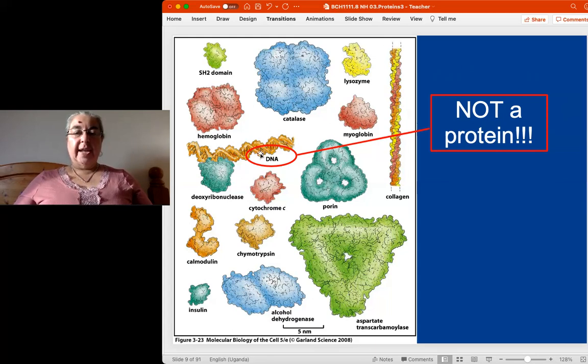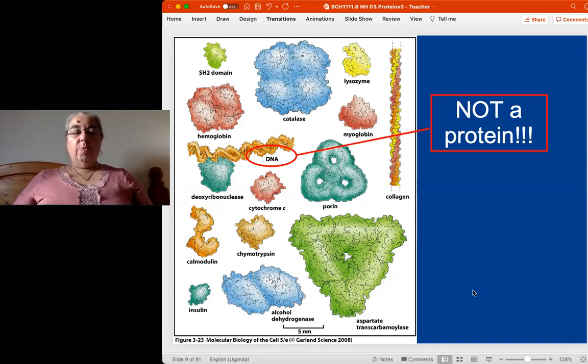Okay, so DNA is not a protein, but all these other things are proteins, many, many, many different sizes and shapes and functions. Two on here that I want you to particularly notice are hemoglobin and myoglobin, because we're going to be talking a lot more about those soon.